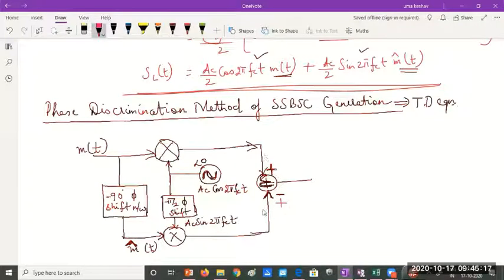If the sine term is subtracted from the cos, I am going to get USB. Yes or no? If I have a minus sign here, I am going to get USB. If the sine term is added to the cos, you are going to get LSB. So this is the simple circuit to help generate what? The SSB-SC signal.